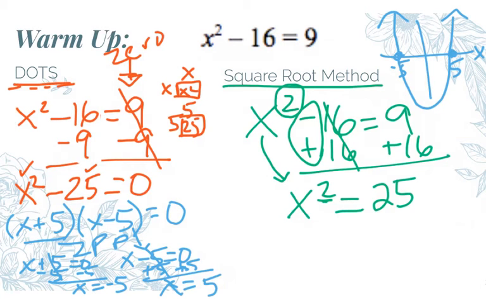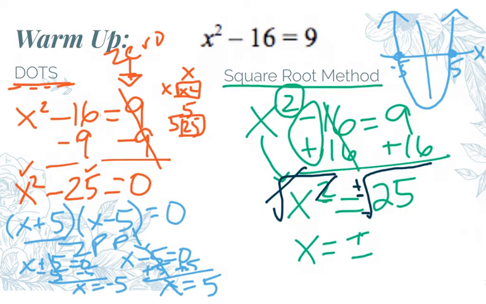So I can just do square root here and square root here. Remember, if there's a number in that square root, I've got to put plus or minus. All right, so now the square root is the inverse of the square, so they cancel out, and I am left with x equals a positive and a negative 5, which is exactly what we have.